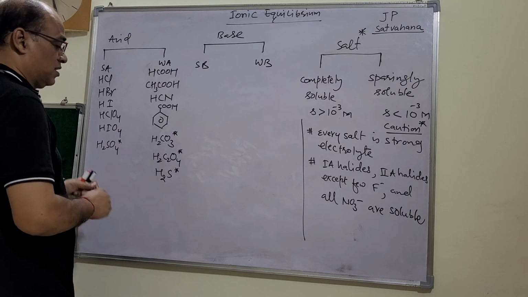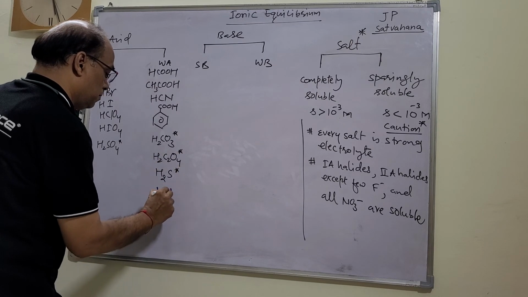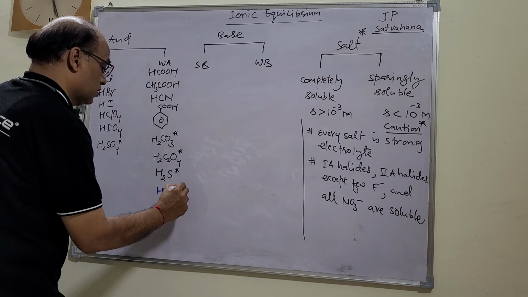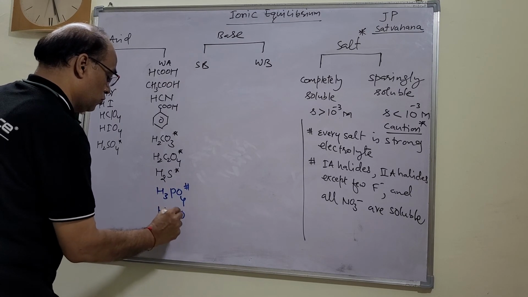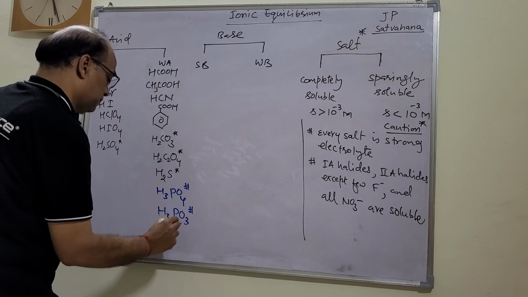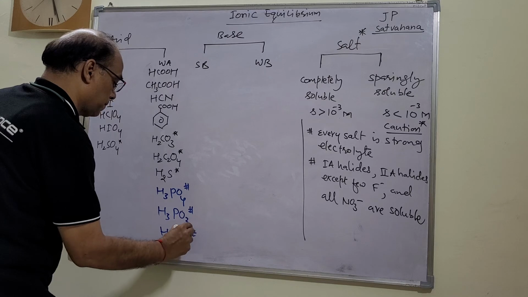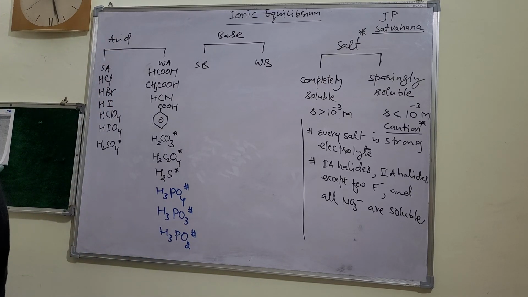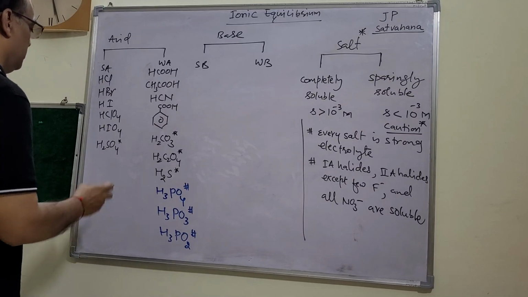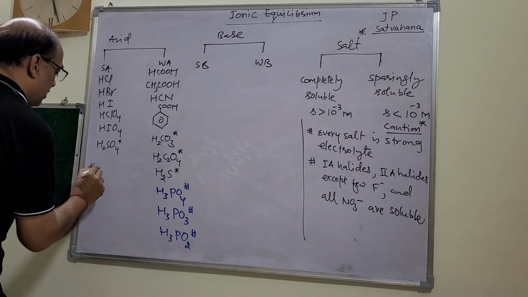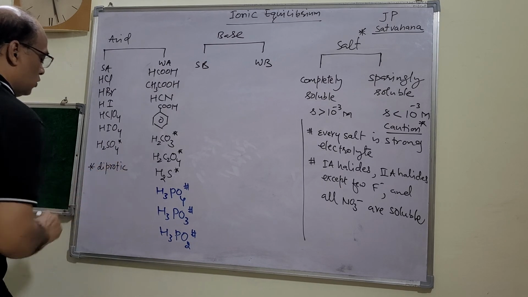Then I will put some acids with hash mark: H3PO4, hash mark; H3PO3, hash mark; H3PO2, hash mark. Okay. So star mark is basically diprotic, they can liberate 2 protons.